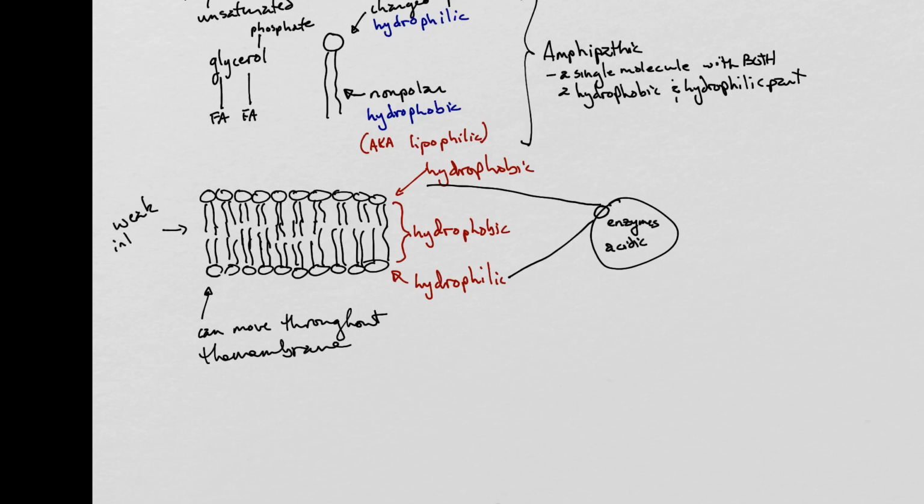Weak interactions, and think about interactions as some sort of attractions. Weak interactions between the tails keeps the membrane together. And because they're weak, that's why it's very fluid as well. That's why things are able to move around and bustle and jostle around all over the place.